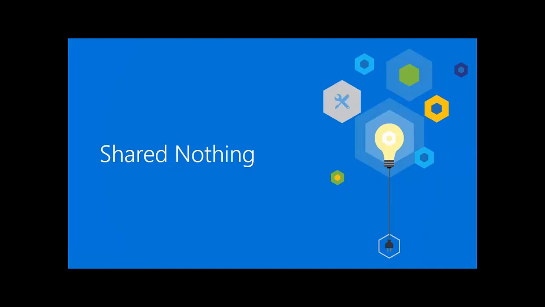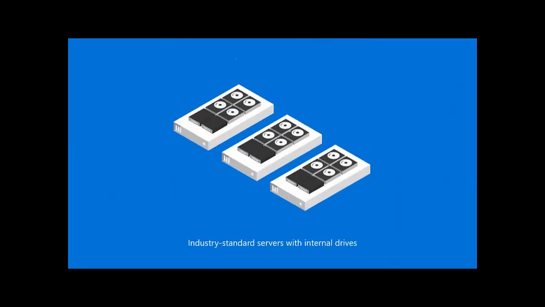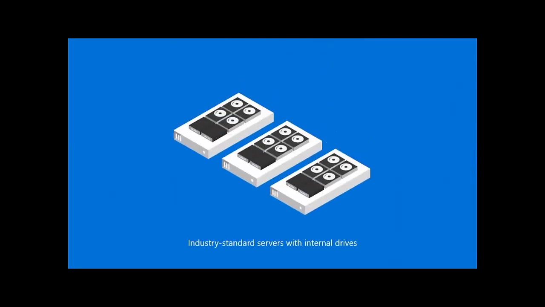So from a Microsoft perspective, you deploy the operating system, Windows Server 2016, on a JBOD type solution, just a bunch of disks. There's absolutely no requirement for any external SAN devices whatsoever, and it follows that shared-nothing methodology that we're seeing out in the field to be very popular today.